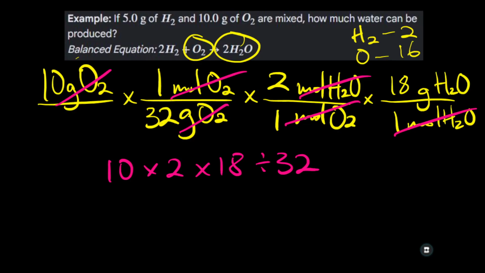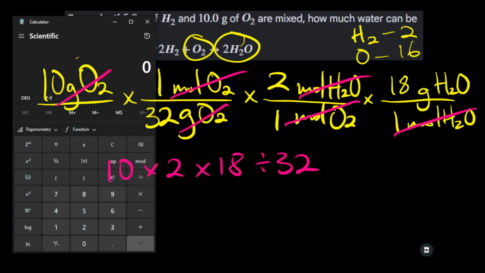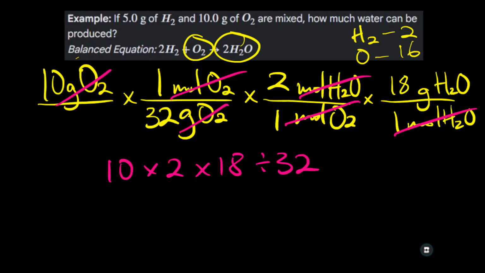10 times 2 times 18 divided by 32 equals 11.25 grams of H2O.